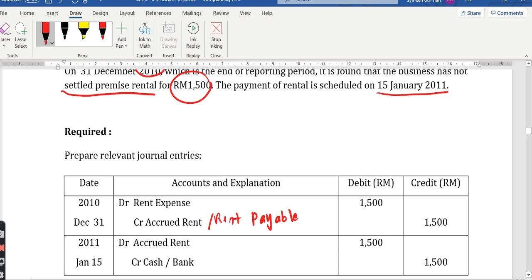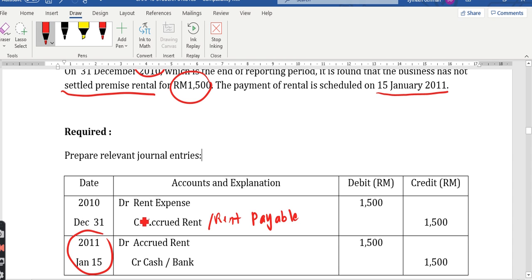This amount will stay in the accrued payable accounts until the payment has been made. As you can see in the question, the payment was made on 15th of January 2011. So we need to revert the entry.